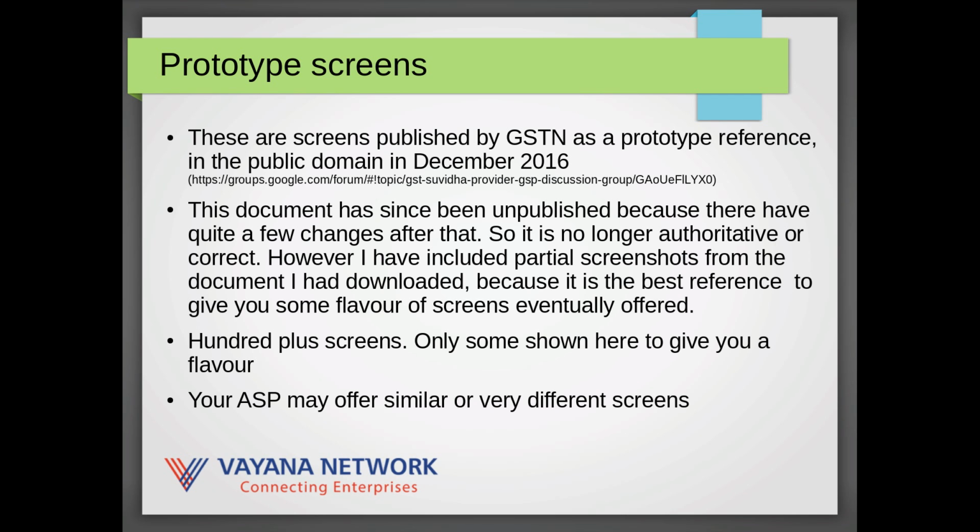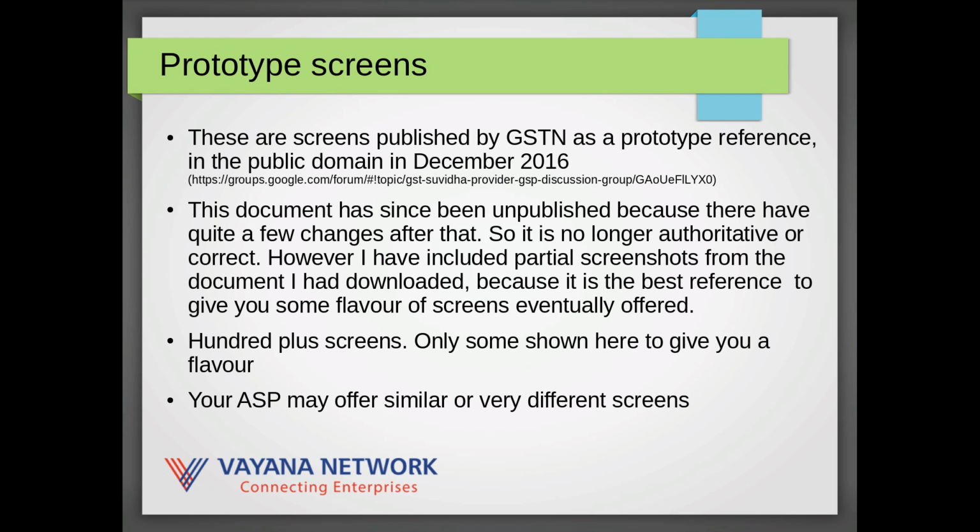The screens I have shown here, or the partial screenshots, are actually part of a document that was published in December 2016 by GST and placed in the public domain. But lots of things have changed, so the document has been withdrawn, has been unpublished, and it is no longer authoritative.